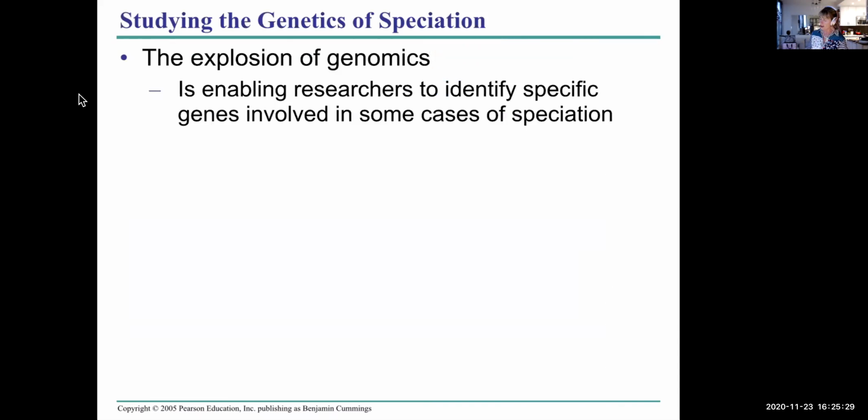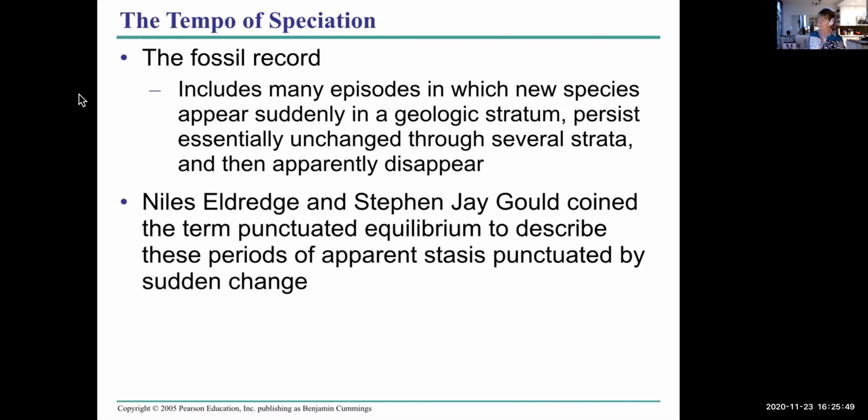Okay, genomics. So we are now able to identify specific genes that are involved in speciation. Genomics has not only allowed us to do that, but also to identify and distinguish between species. And how fast does it happen?